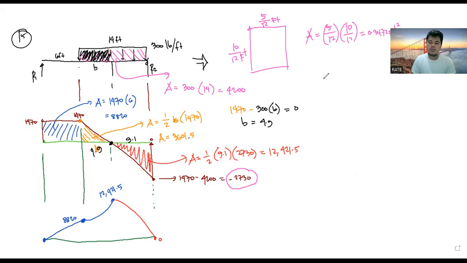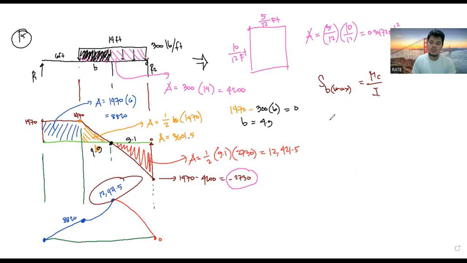S B max is MC over I. What is M? If we look at M, you have there 12,400.